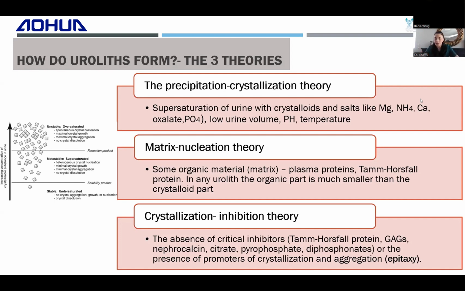Anyway, the research there didn't find any positive effects from the administration of glucosamine and chondroitin, but there was an absence of GAGs in these urinary syndromes. Other critical inhibitors of urolith formation are nephrocalcin, citrate, pyrophosphate, and bisphosphonates. So in the absence of those critical inhibitors, urolith formation is facilitated.